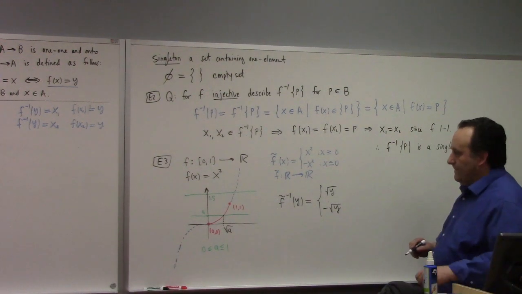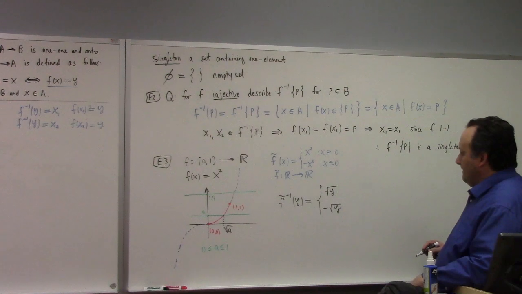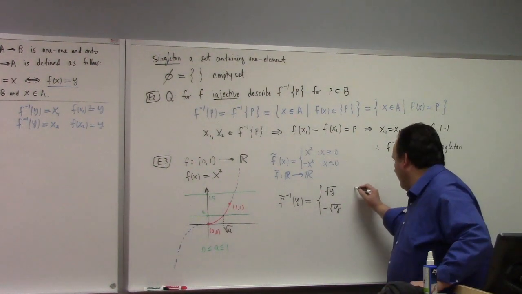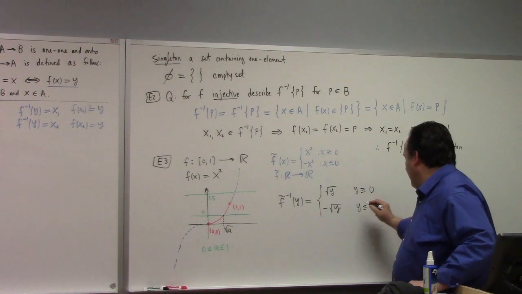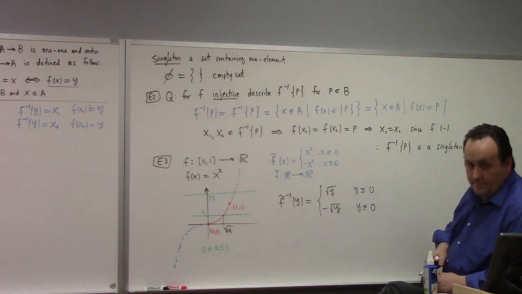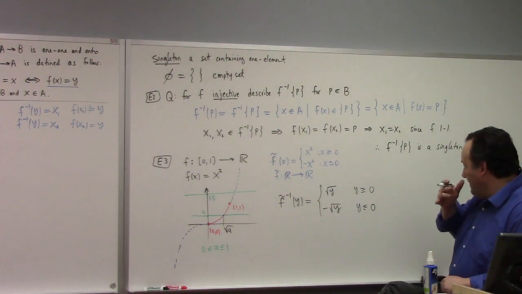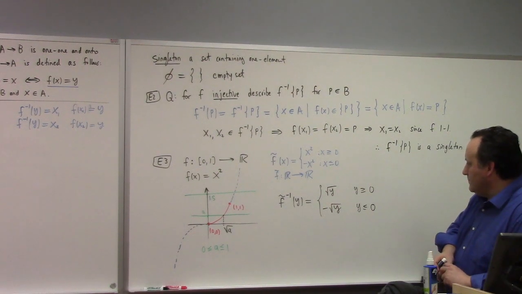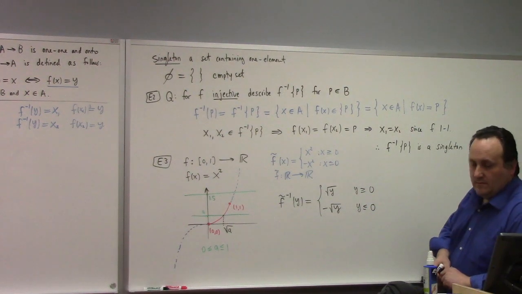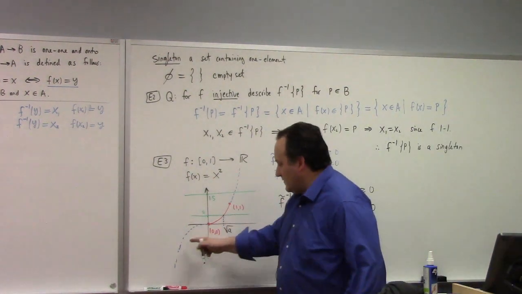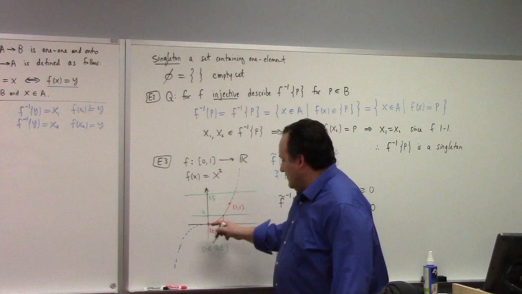From 0 to infinity, I think it's minus the square root of y, and then from negative infinity to 0. No, I think you're right. I think it's the square root of y. If you take this graph and reflect it across the line y equals x, you get the square root.